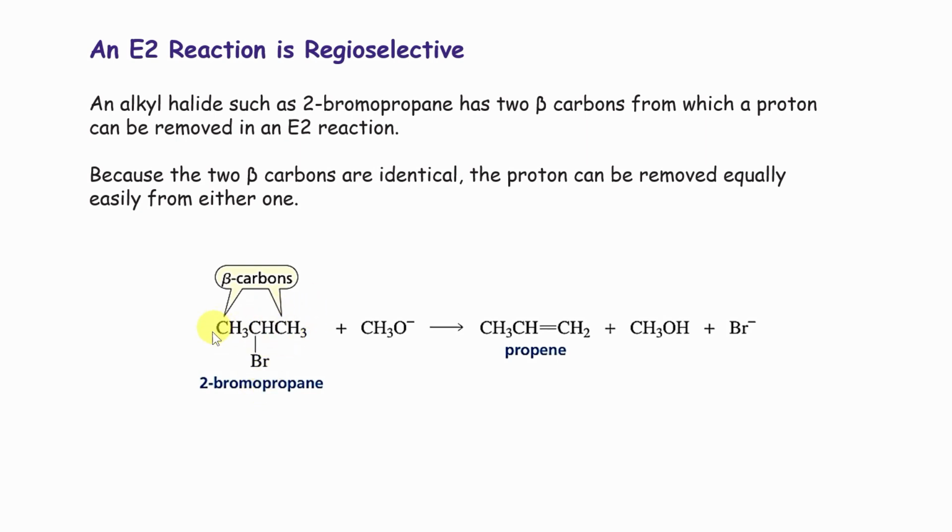There are two beta carbon atoms on either side, and the proton can be removed from either of them by the base. Thereby, both the beta carbon atoms are identical, and only one alkene, propene, is formed in this case.